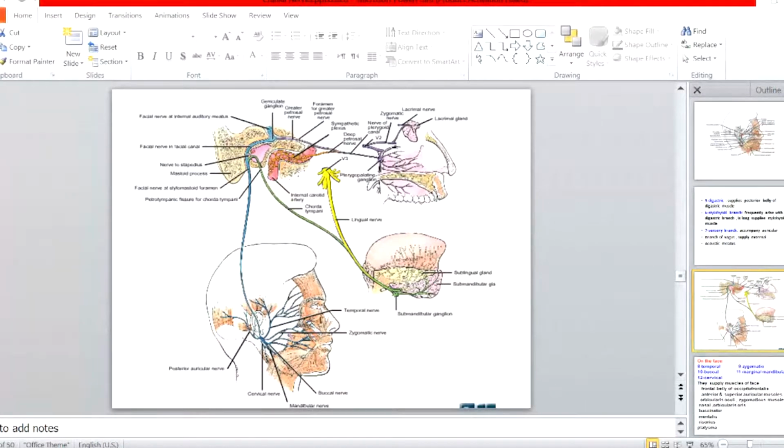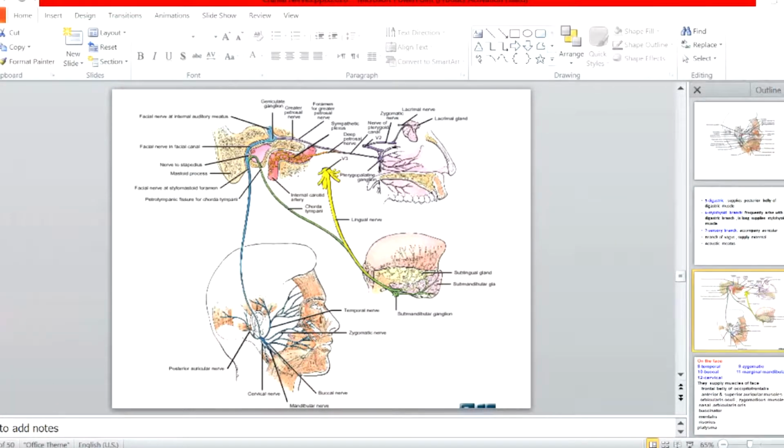Then we have the zygomatic branch. This passes toward the angle of the eye. The zygomatic, again, might be 1 or 2, supplying the orbicularis oculi muscle with the zygomaticus major and minor. Then we have the buccal branch, which passes over the buccinator, supplying the buccinator muscle and muscles of the angle of the mouth.